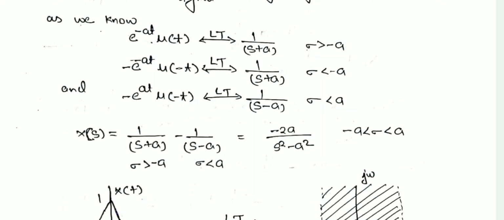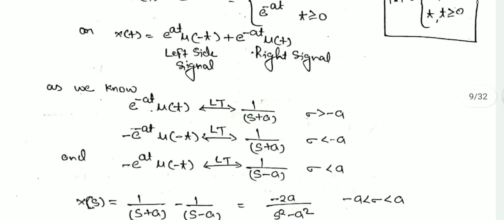Then we find the Laplace transform of the first signal, which is e to the power at u of minus t. Here the sign flips, so it is minus 1 upon s minus a, and as the signal is left-sided, the ROC is also left-sided, sigma less than a, because the pole is at s equal to a.